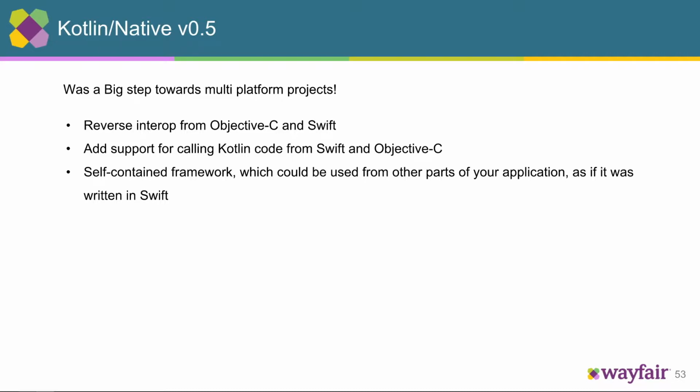And to do that, we needed support for compiling a framework. So what you can do right now is write your Kotlin code, and that will compile into a specific iOS framework. And then from there, you can just import it and call it as if it was any regular Swift framework or Objective-C framework.